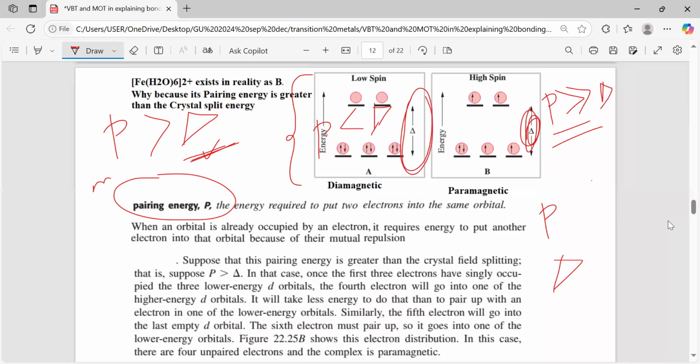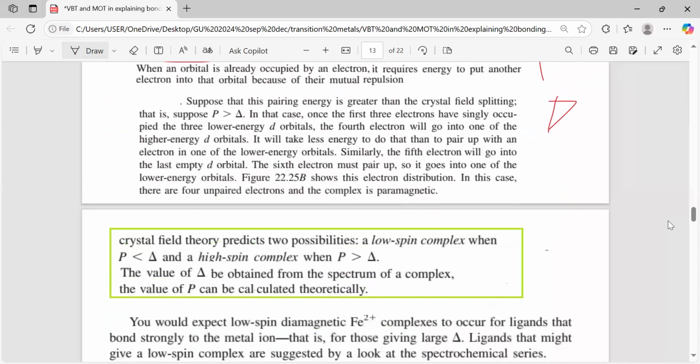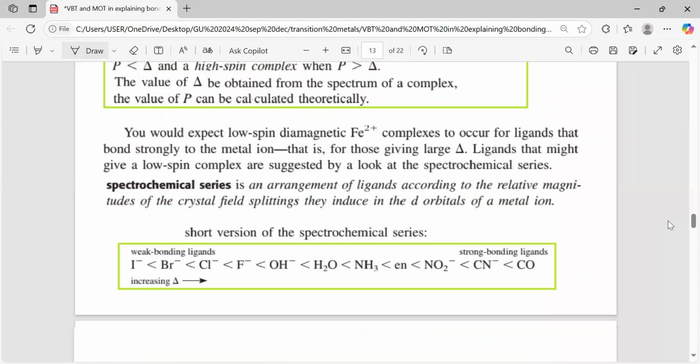So what do we do? We take the smaller energy option, which is pairing. So that's what it means. If P is greater than the split, what route do you take? I've already explained that, so I don't need to go much into the notes there. You can still read them on your own.